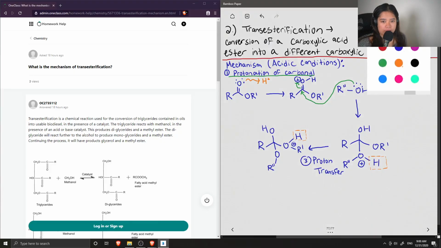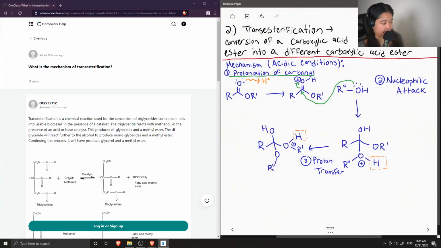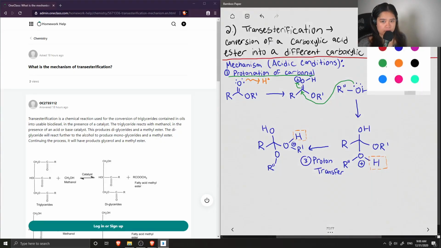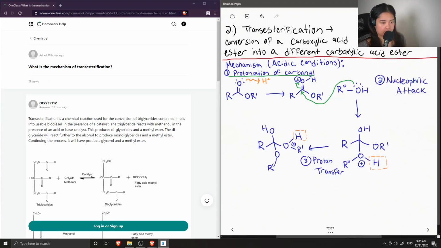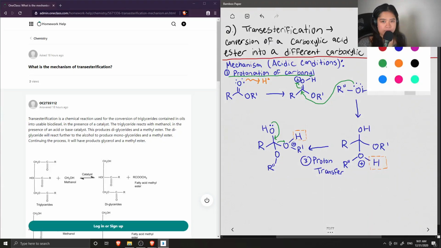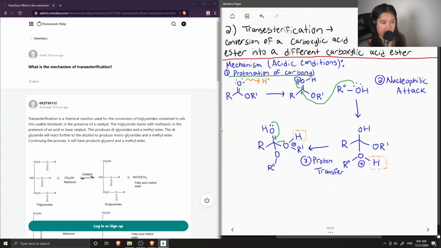And now what happens next is the removal of the leaving group. So one of the lone pairs on this oxygen comes down and kicks off this entire group. Let me just write down the name of this step.